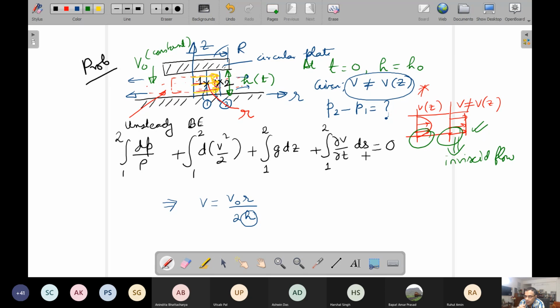So this is the question that should come to everybody's mind, not only here, at any point of time whenever we are using Bernoulli's equation: is the unsteady flow consideration legitimately justified here?